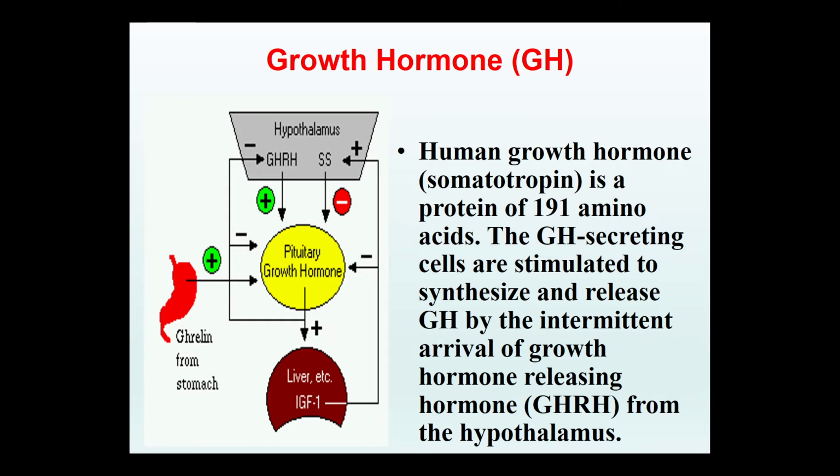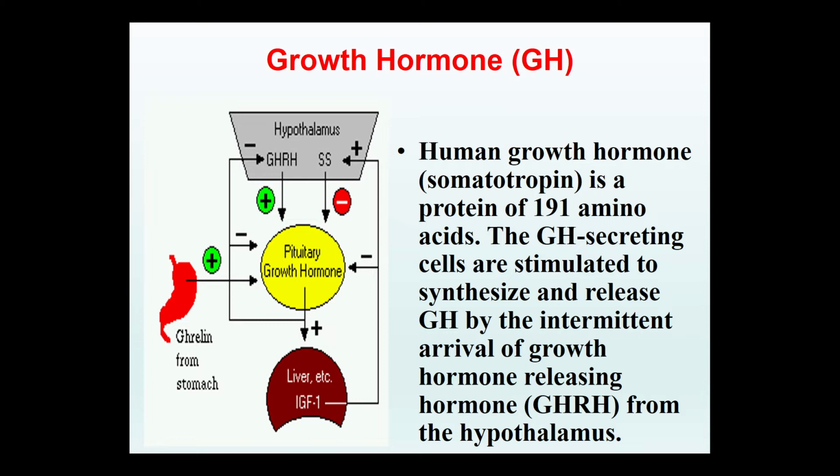If we talk about regulation of growth hormone secretion, production of growth hormone is modulated by many factors, including stress, exercise, nutrition, sleep. However, its primary controllers are two hypothalamic hormones and one hormone from the stomach.